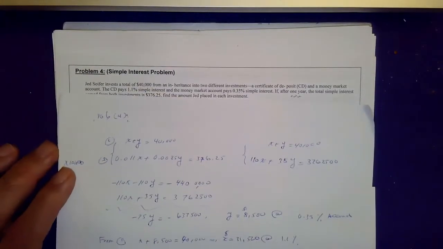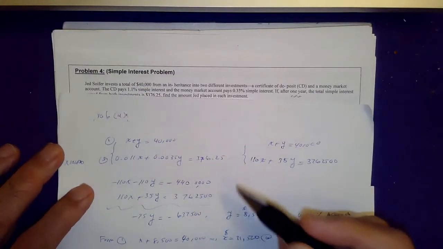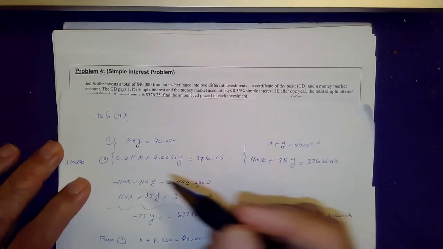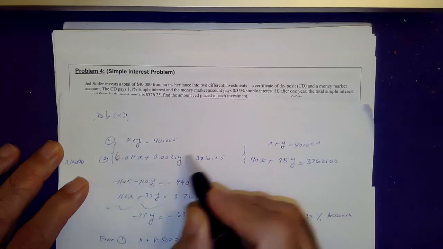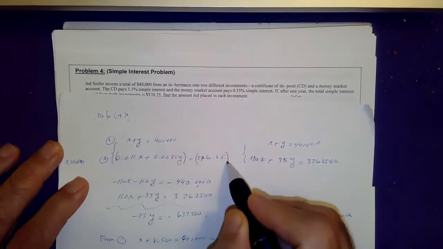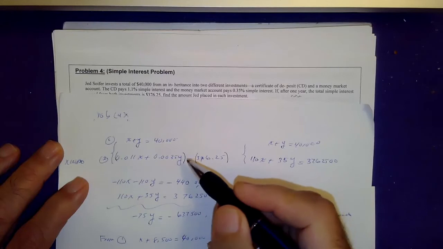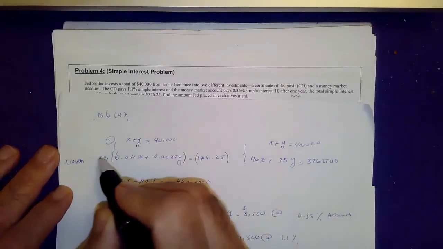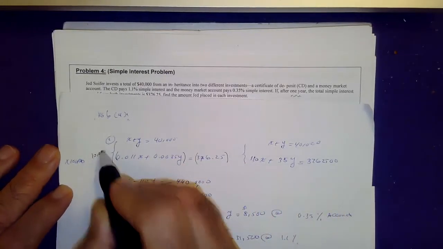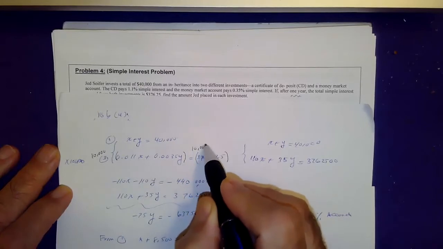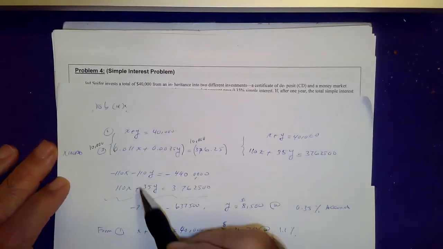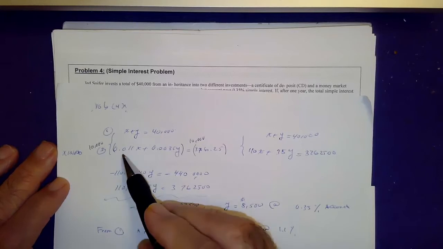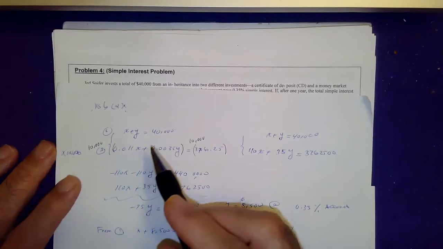So what I did, I multiplied both sides of equation number 1 by, well, you guessed it, 10,000. What does 10,000 do to the decimals? It moves the decimal point 4 places to the right.